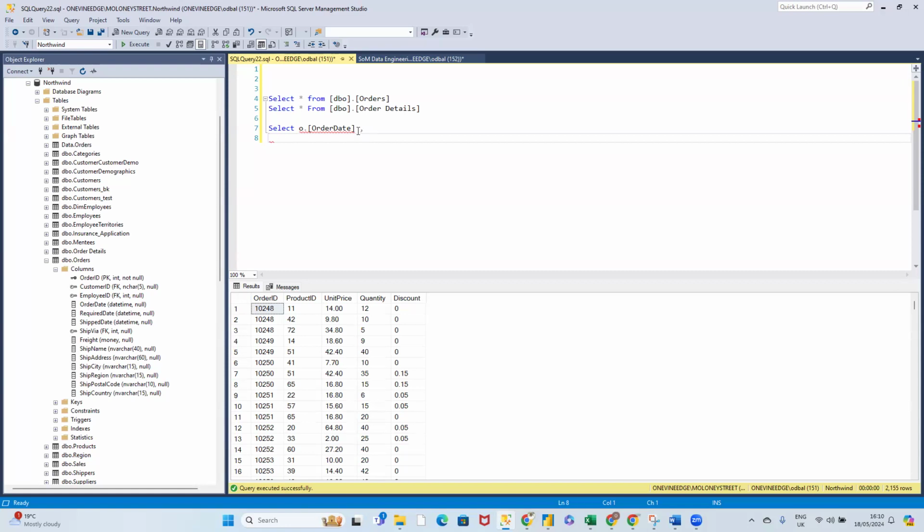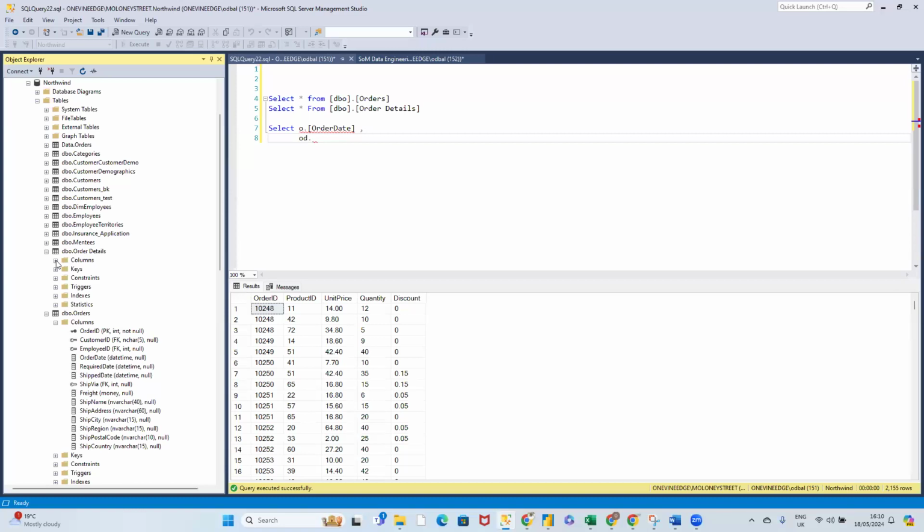Now I need the product. I need to find out how much each product costs. So my order details is OD, and I need the product ID.